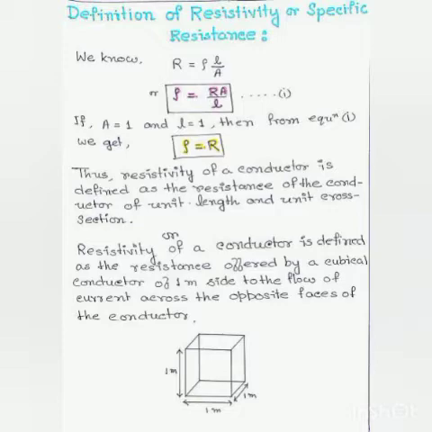Thus, resistivity of a conductor is defined as the resistance of the conductor of unit length and unit cross-section.